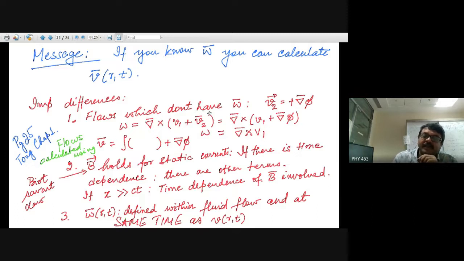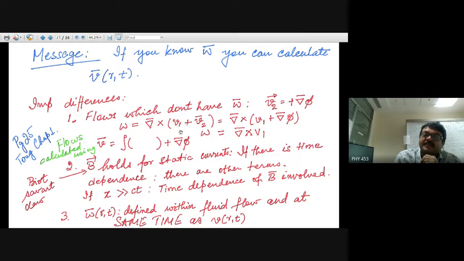On the other hand, suppose we are calculating a velocity field from the curl. Then your velocity field is actually ill-defined up to a term.